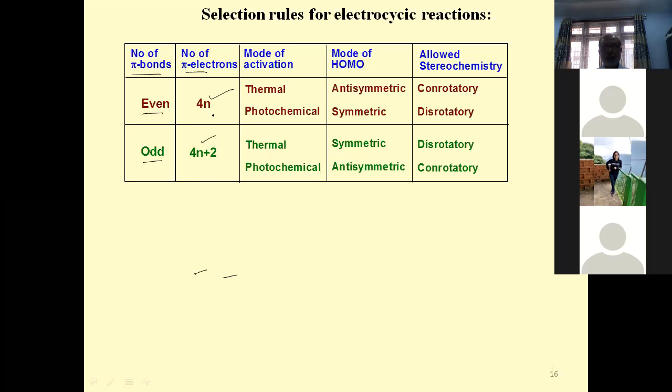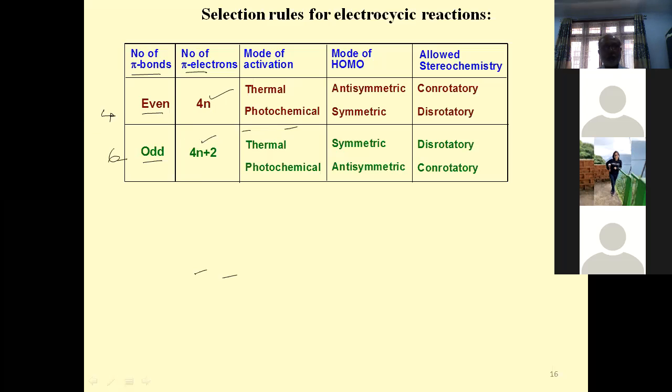Even means 4n, where n has to be 1, 2, 3, etc. So n minimum should be 1. If it is 1, it becomes 4 electrons. And for odd, it will be 6 electrons, the first such number, 6 pi electrons.